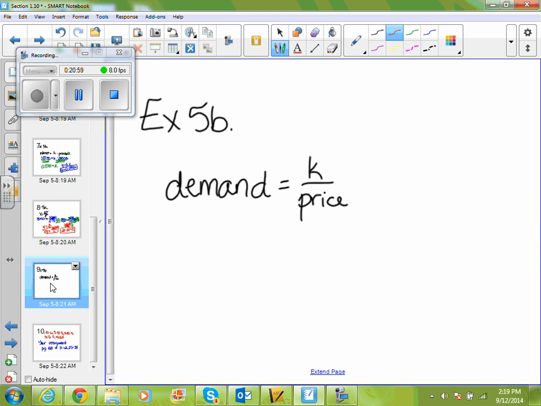Okay, so let's do one more and then we can get started. A company has found that the demand for its product varies inversely as the price of the product. When the price is $2.75, the demand is 600 units. So we need to figure out what my k is. To get rid of division, we multiply by 2.75.